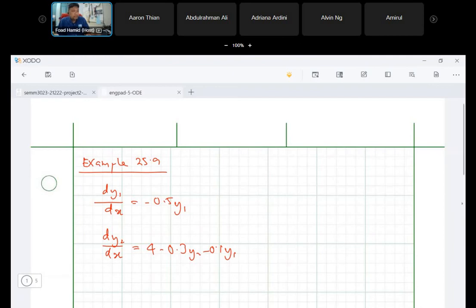We cannot solve it separately because in order to solve for y2, we need y1.